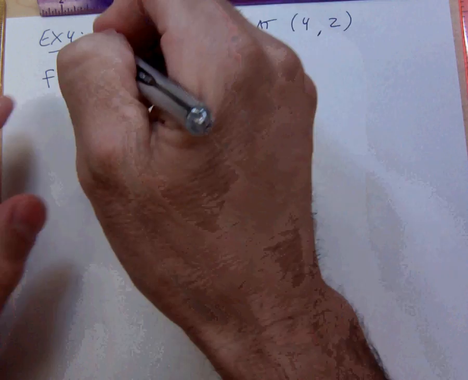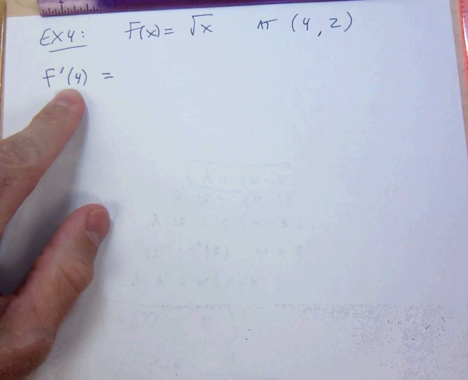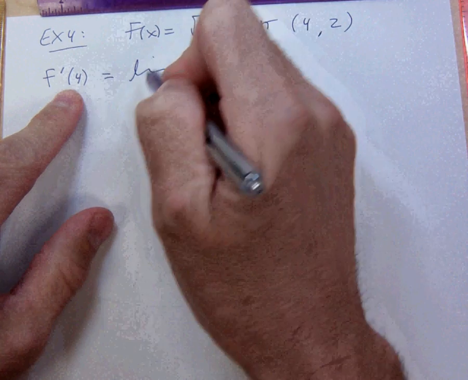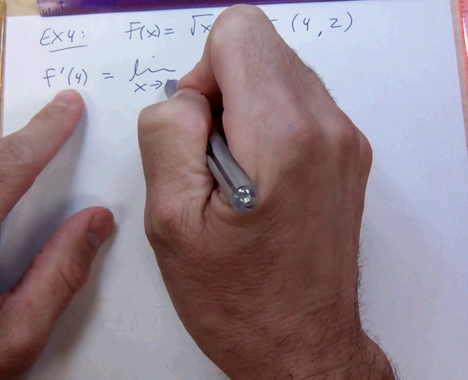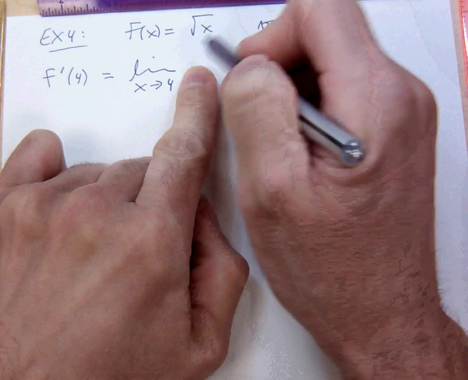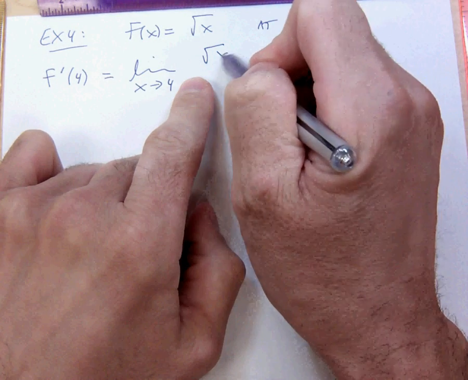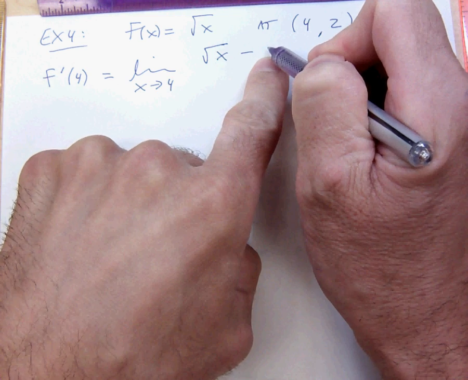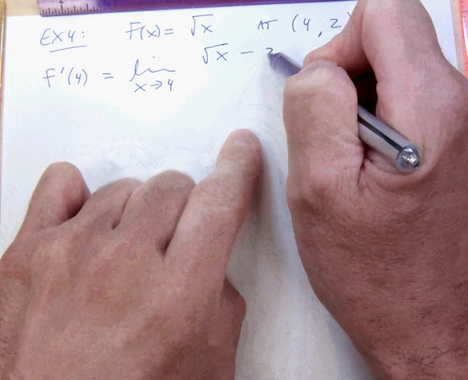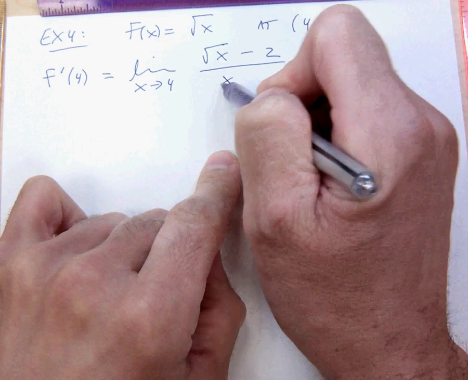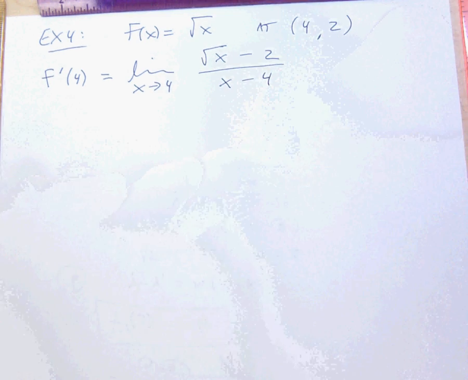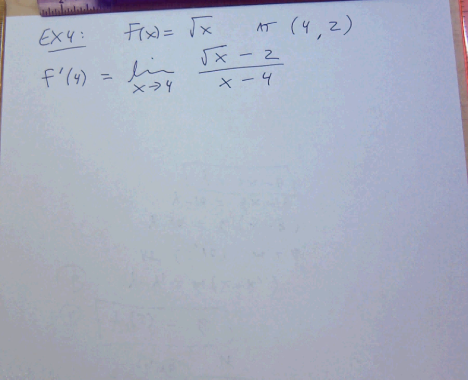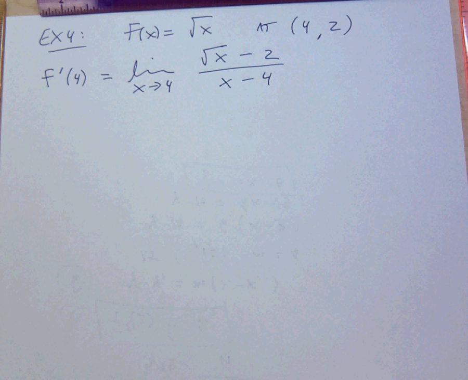To find f prime of a, I take the limit as x goes to a of f of x minus f of a, over x minus a. What's f of a here, guys? 2. Isn't that form 2 for the definition of the derivative? Look at it. Right?